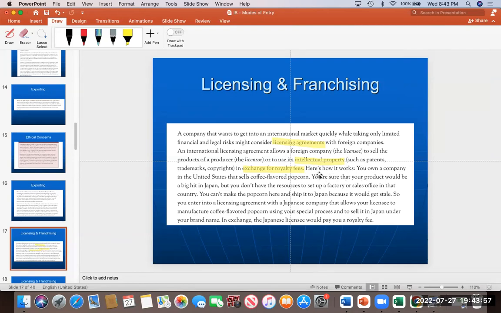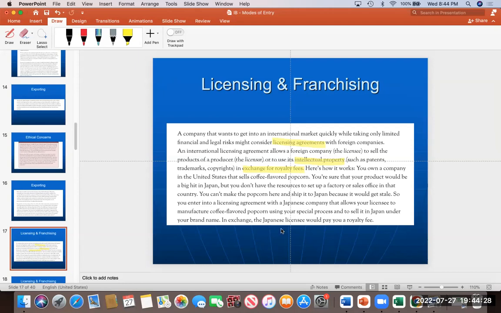So here's how it works. You own a company in the United States that sells coffee flavored popcorn. You're sure that your product would be a hit in Japan, but you don't have the resources to set up a factory or sales office in that country. You can't make the popcorn here and ship it to Japan because it would be too stale. So you enter into a licensing agreement with a Japanese company that allows your licensee to manufacture coffee flavored popcorn using your special process and to sell it in Japan under your brand name.